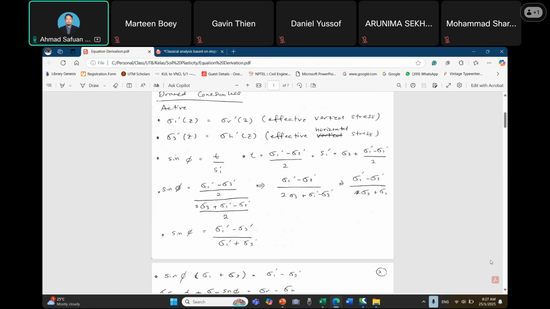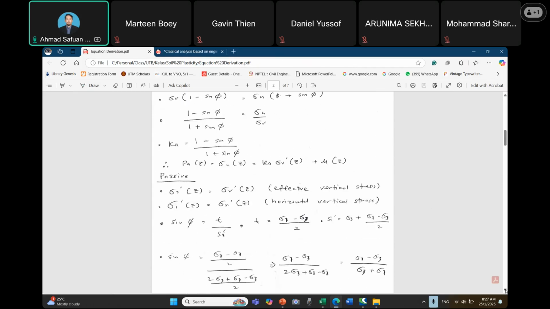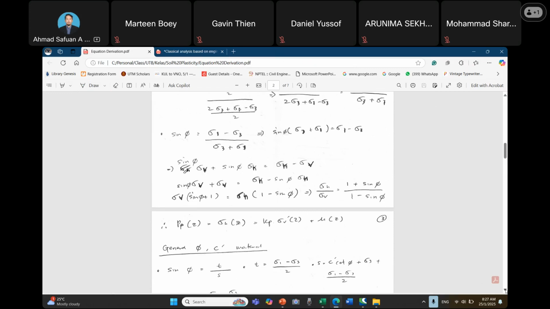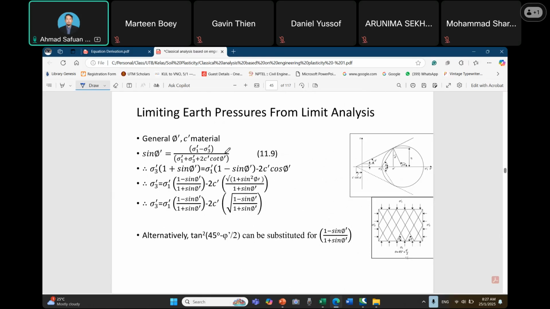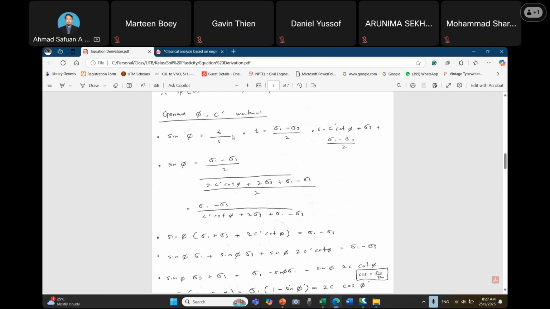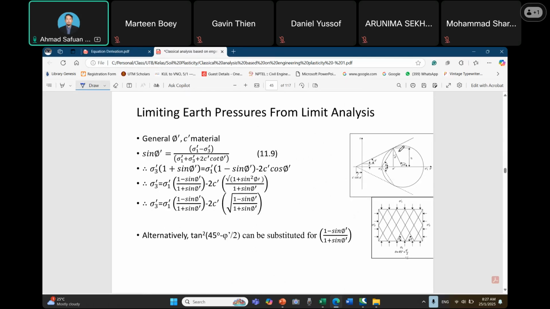So look at the derivation for passive. This is how I obtain what we call the 11.9 equation, where the initial equation is T over S. We imagine this is T and this is S, the distance from this point to the center of the Mohr circle.